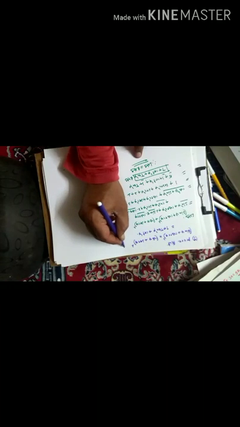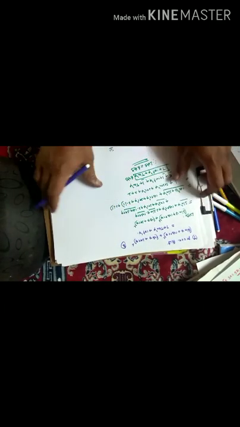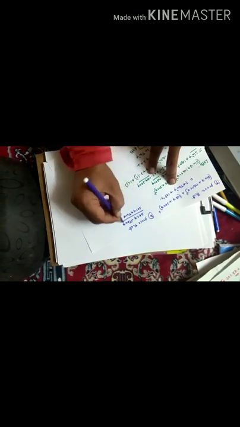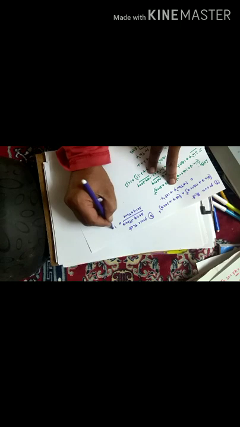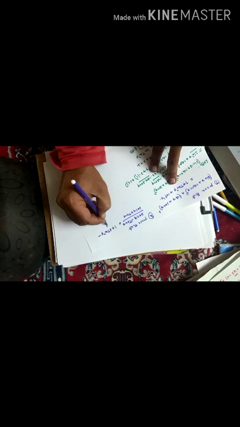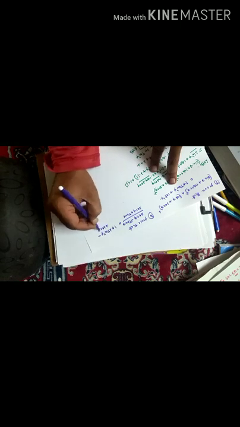Now I will go for the next question, that is the 8th question. What is that 8th question? Prove that sec theta minus tan theta by sec theta plus tan theta is equal to 1 plus 2 tan square theta minus 2 sec theta tan theta.